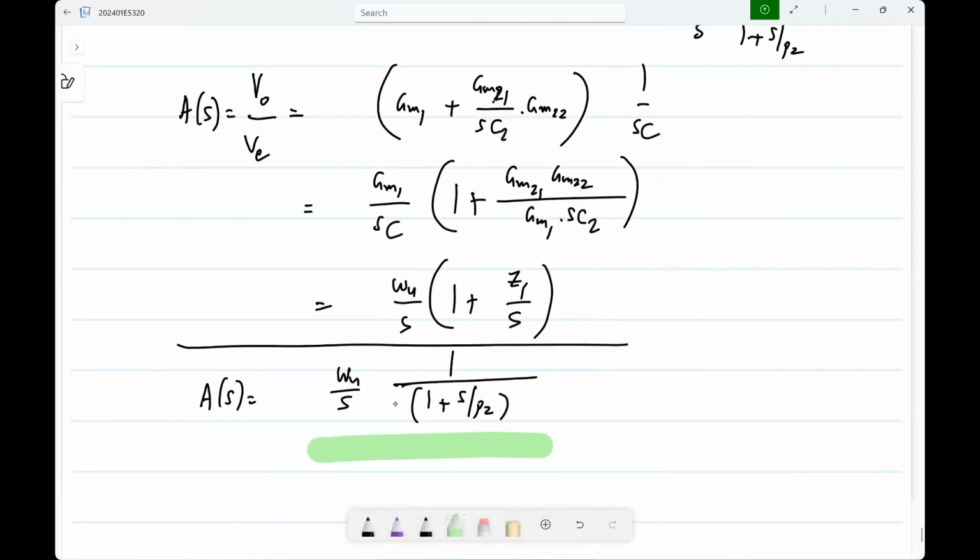Just quickly, we'll stop here. Did you look at the result of that and the result of this? What was the difference? So P2, where should it be compared to omega u? It should be beyond omega u. What about Z1? Below omega u.